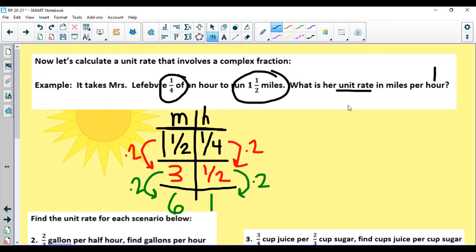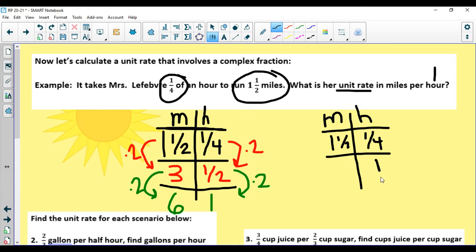Another way that you could think about doing this with the ratio table would actually require fewer steps. If I think about 1.5 miles and I look at 1/4 of an hour to get that done, if I want to get to 1 hour, another option is to multiply 1/4 times 4.